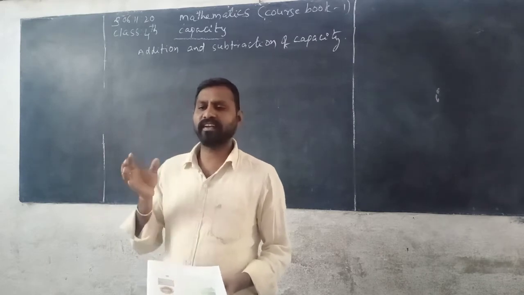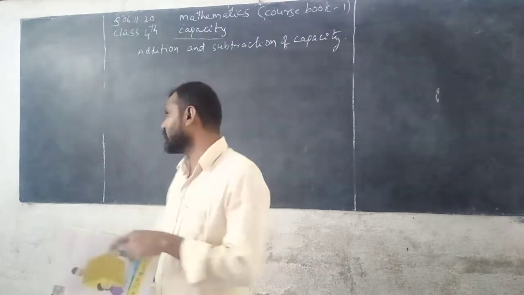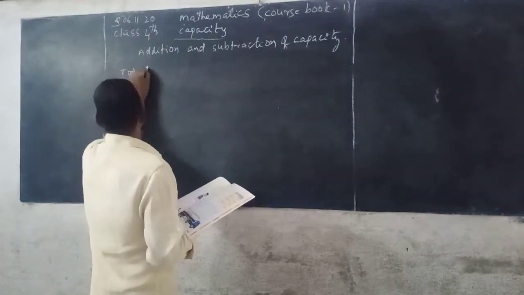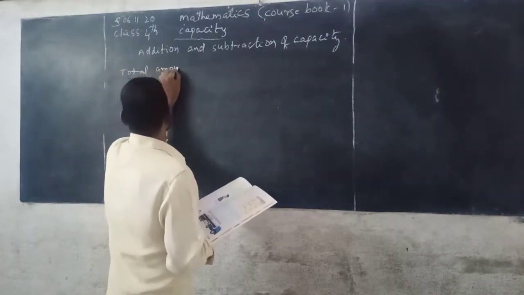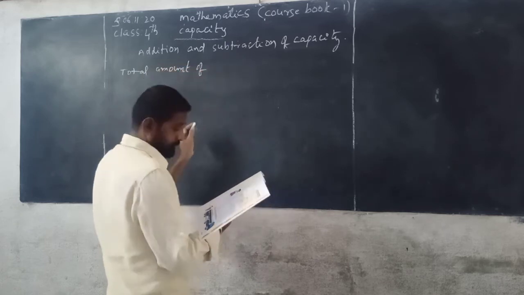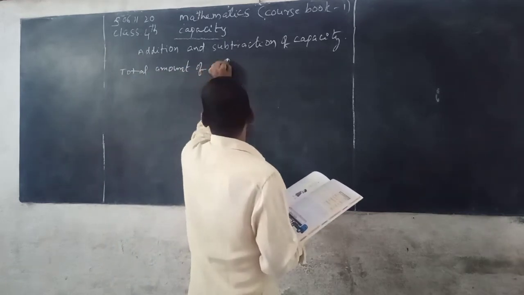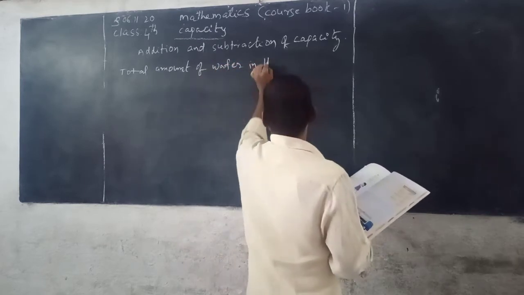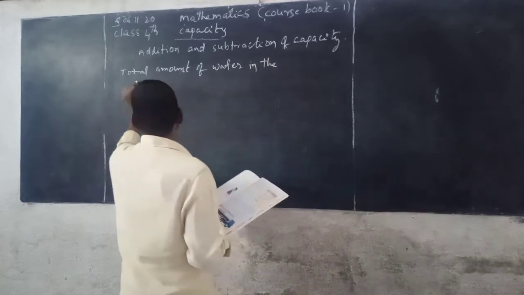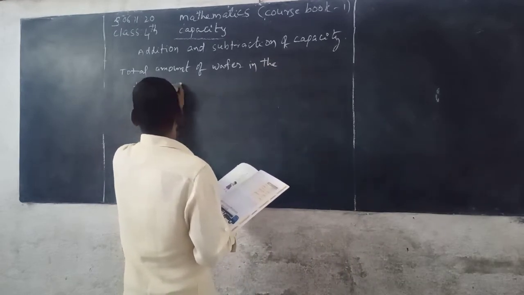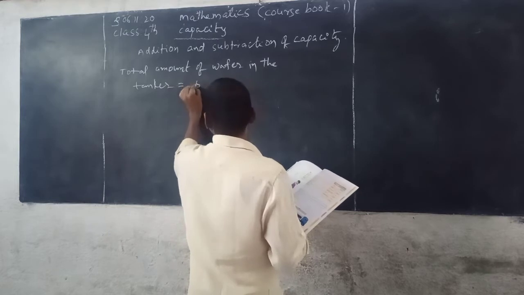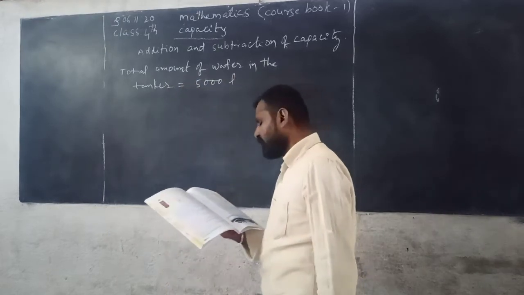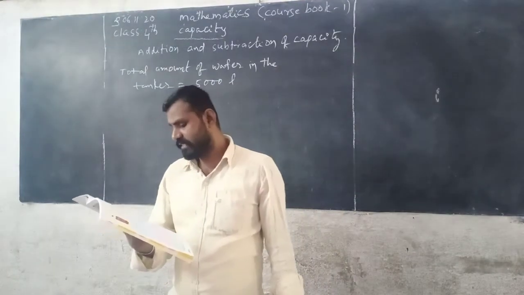So you can write here, total amount of water in the tanker is equal to 5000 liters.